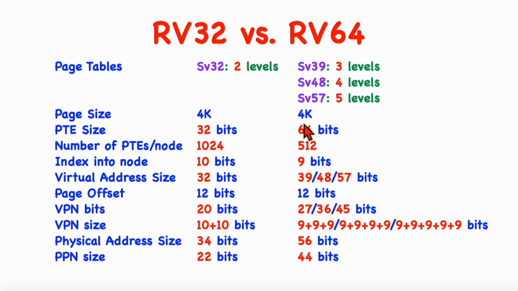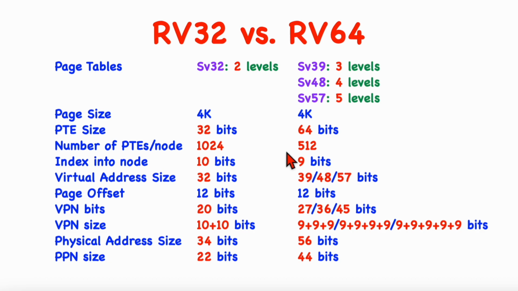With 32-bit machines, the size of the page table entries is 32 bits, or 4 bytes. With 64-bit machines, the page table entries are naturally enlarged to 64 bits, or 8 bytes in size. Each node in the page table tree is a page in size and is an array of page table entries.